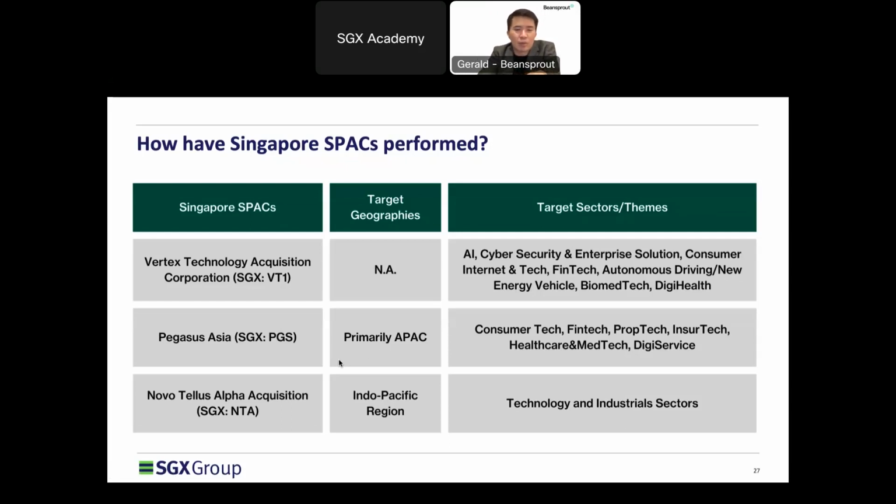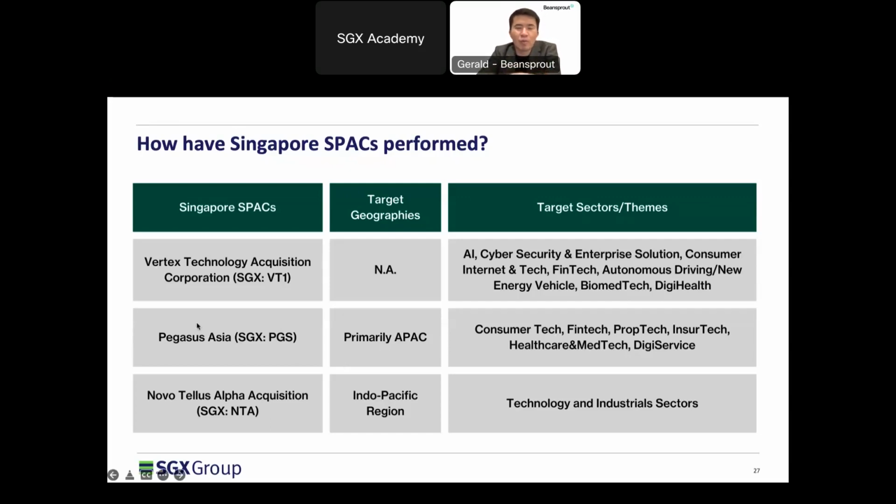Last but not least, we have Novo Tellus with the stock code NTA, and they had mentioned that the target geography would be the Indo-Pacific region. The sectors they are looking to acquire from would be the tech and industrial sectors, since those are the sectors that the sponsors feel they have a competitive edge in.